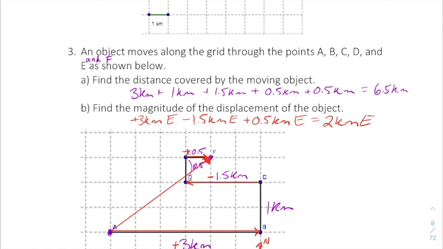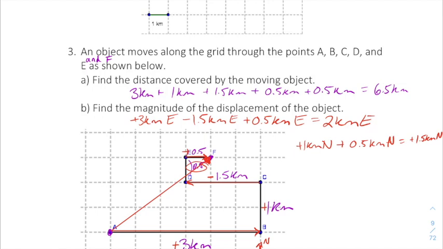And then there's also some movement up and down, right? We have a plus north. So we have plus 1 kilometer north plus 0.5 kilometers north. And that's this one right here. And so that gives us a plus 1.5 kilometers north.